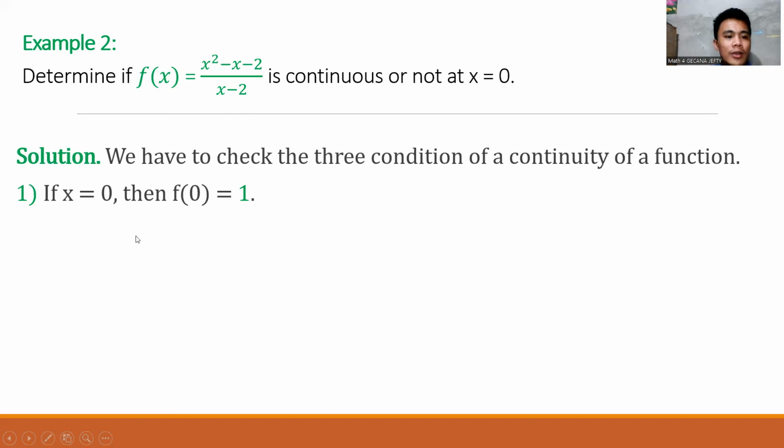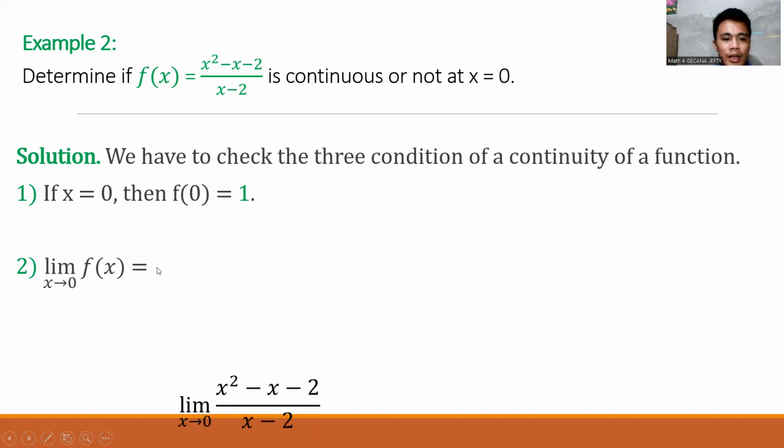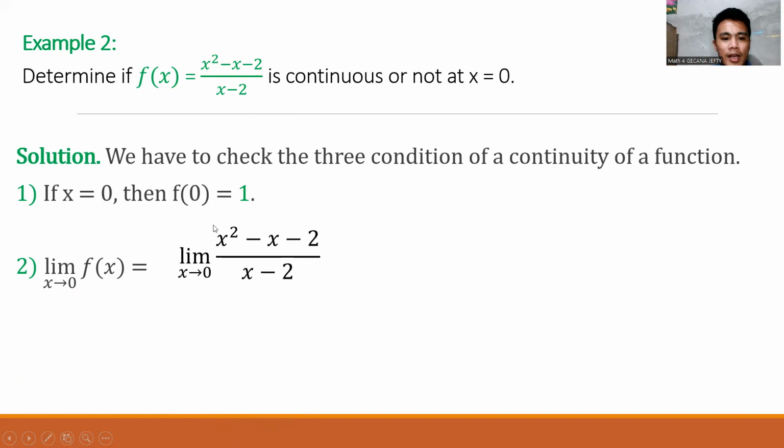Let's proceed to condition 2. We will determine whether the limit of f of x as x approaches 0 exists. We have the limit of x squared minus x minus 2 over x minus 2 as x approaches 0. First, we factor x squared minus x minus 2 so that we can cancel out the denominator.